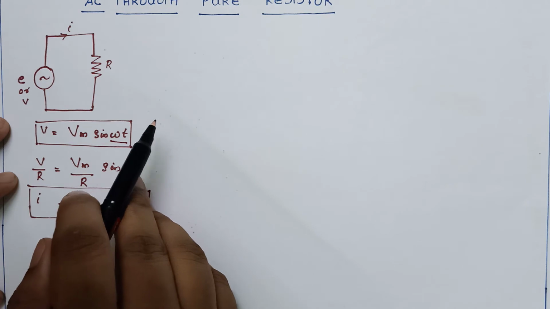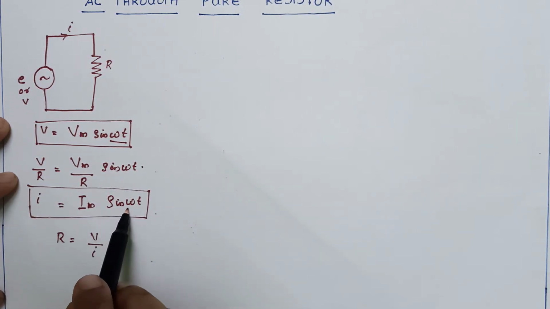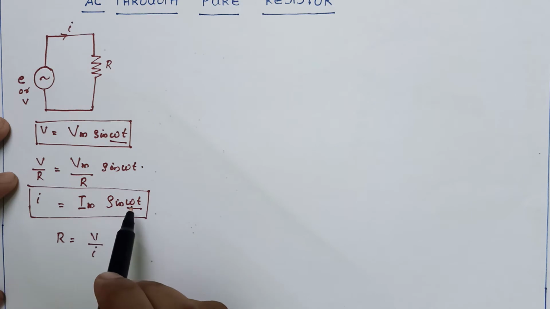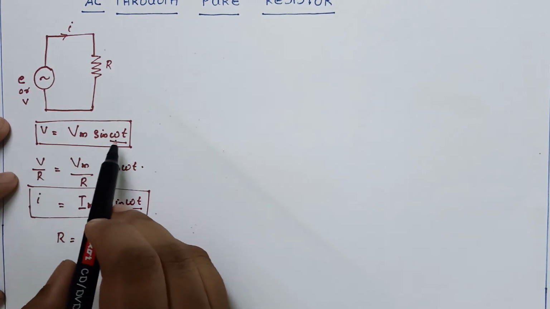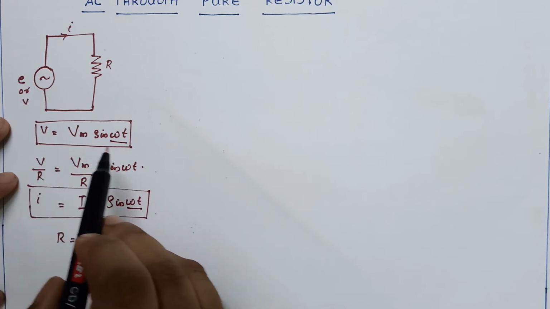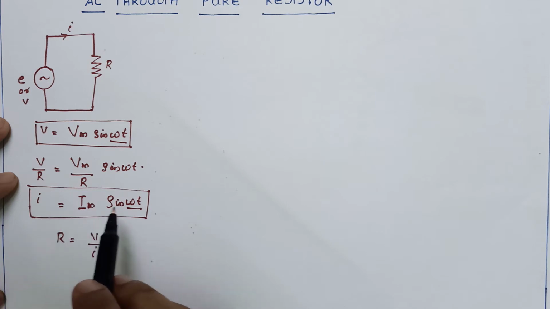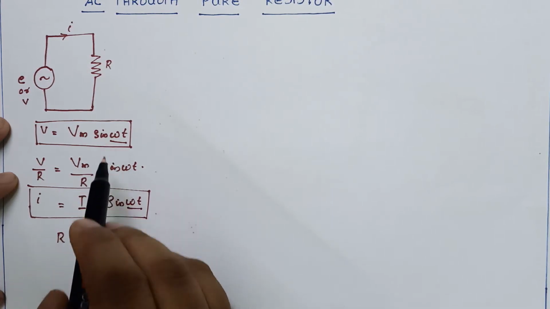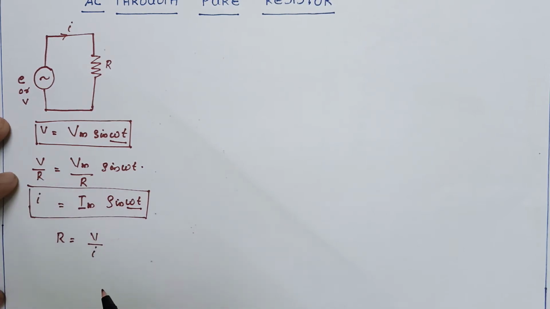At this same time, the current i will have a phase omega t. So the phase of voltage and current will be the same. That is, at the time t, the phase is omega t in the case of voltage, and at the same time t, the phase of current is also omega t. So there will be no phase difference between the voltage and the current.